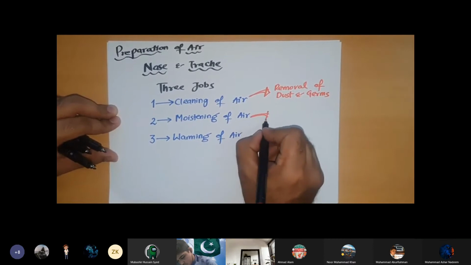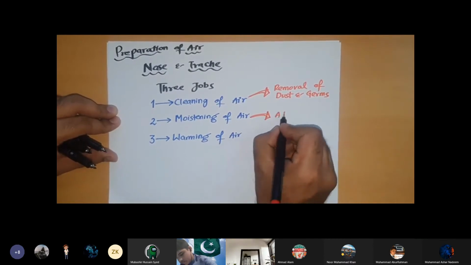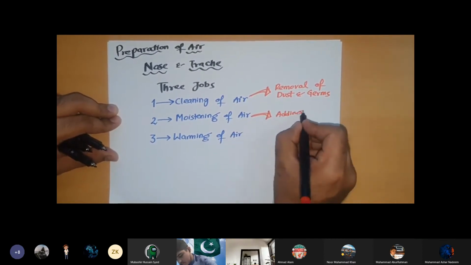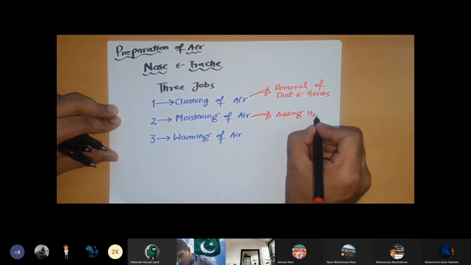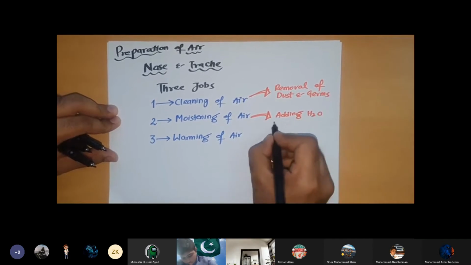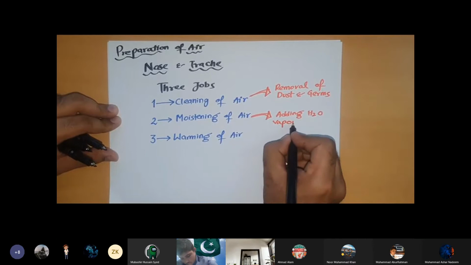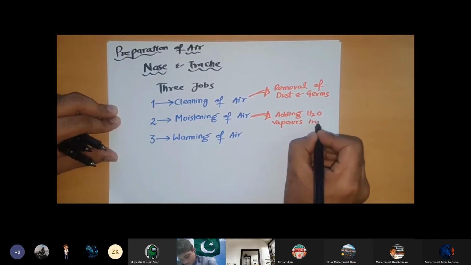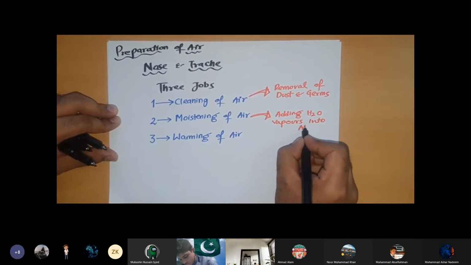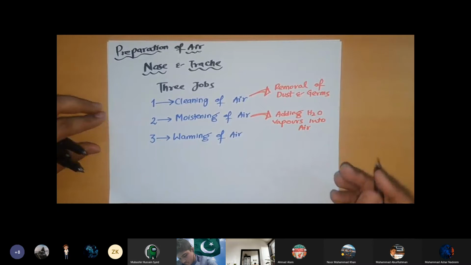Moistening of the air means adding water vapors into air. The question is why there should be water vapors in the air.